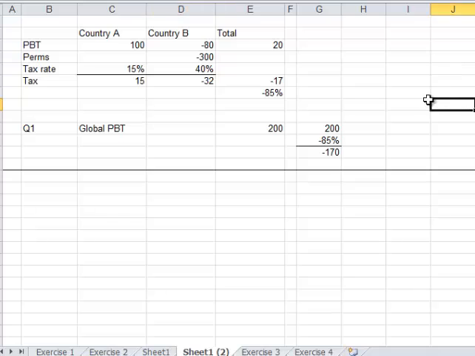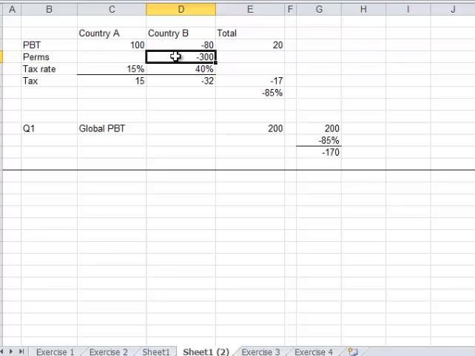Not as bad. Mine's negative 7,000 right now. Okay, well let's make sure, we're not ready yet, trust me. So let's make sure we got the facts right. In country A, we expect an income of $100 and a 15% rate, so that's $15 of tax. So for the year, we would expect a 15 provision for country A, right? Country B, we're going to lose 80 bucks, but there's also this favorable perm item, like tax-exempt interest or something.